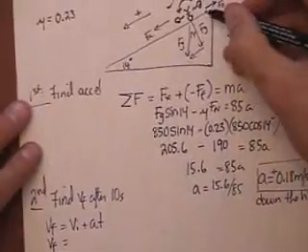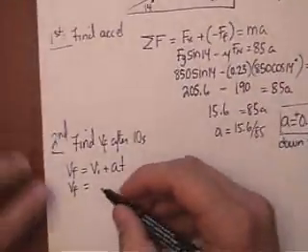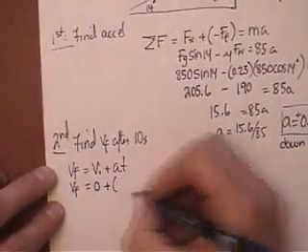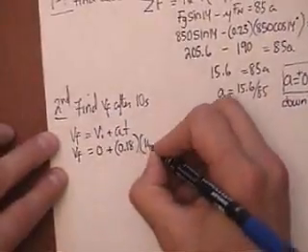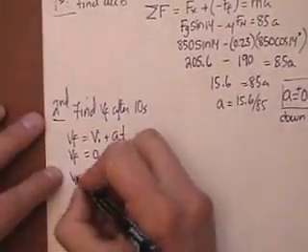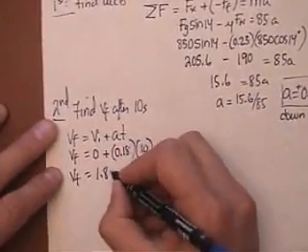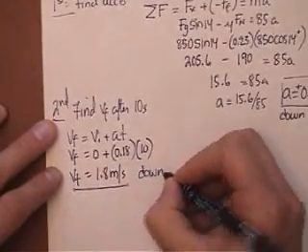Unless you're told otherwise on these kind of things, you're always going to assume that your initial velocity is 0. So initial velocity is 0, plus my acceleration, which was 0.18, and the time frame, 10 seconds. Your final velocity then ends up equaling 0.18 times 10. That's 1.8 meters per second, and that's down the hill.